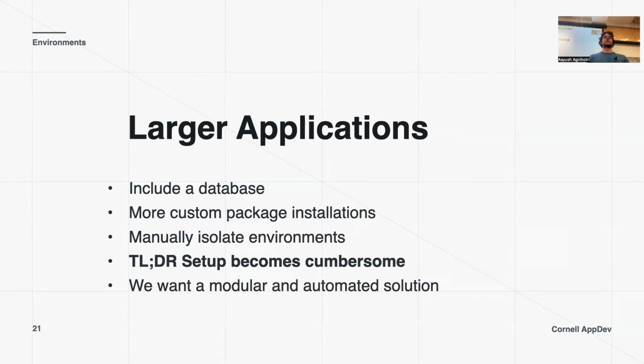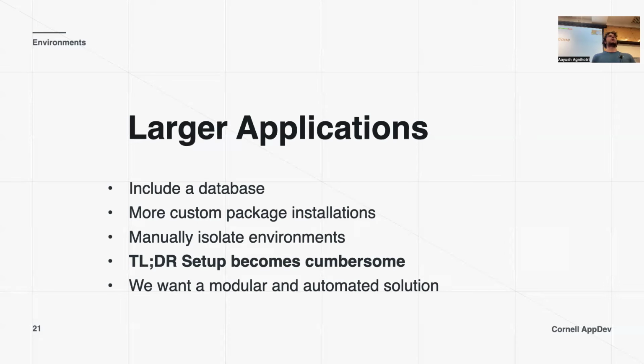You've got a ton of stuff going on. And so you have to include some sort of database, including more custom package installations. And you also have to manually isolate different environments that people have been working on. So basically your setup becomes really cumbersome and it takes a long time for an app to run. And so we want a more modular and automated way to run different kinds of apps.